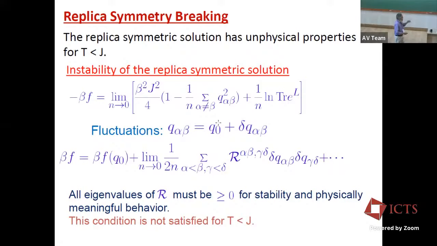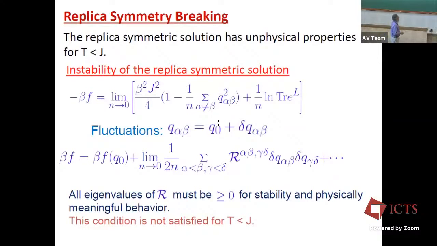So then one would construct this matrix, and from the symmetries that you have in that matrix, one can also find the eigenvalues. So that is what this calculation is all about: one has a replica symmetric solution, and then one is looking at fluctuations about that replica symmetric solution.